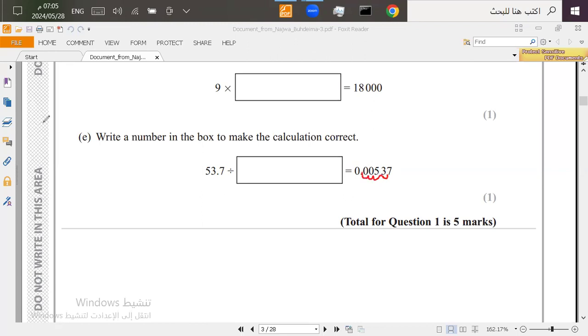Moving the decimal point 4 times means we divided by 10,000. So 4 zeros means 4 movements of the decimal point. And this is how you answer a question like this. Now let's move on to the next question.